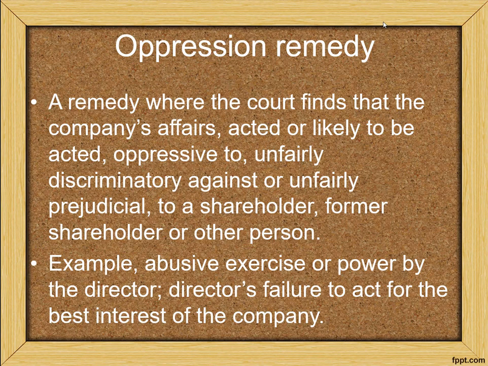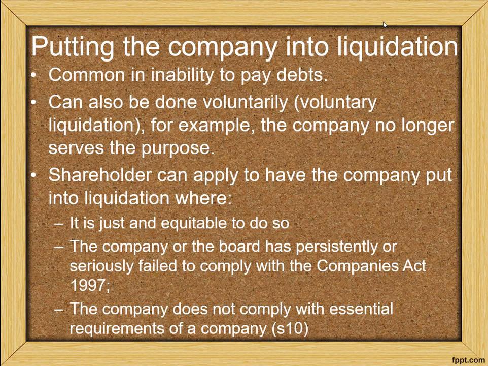Examples of abusive actions that might affect shareholders are abusive exercise of power by the directors and failure to act for the best interest of the company. Now, the shareholder can apply for liquidation even if the company is still able to pay debts. Commonly, the reason a company goes into liquidation is its inability to pay debts.